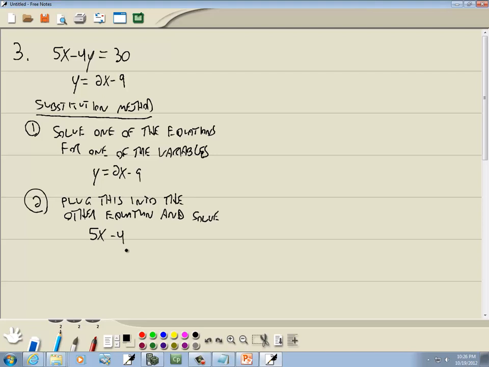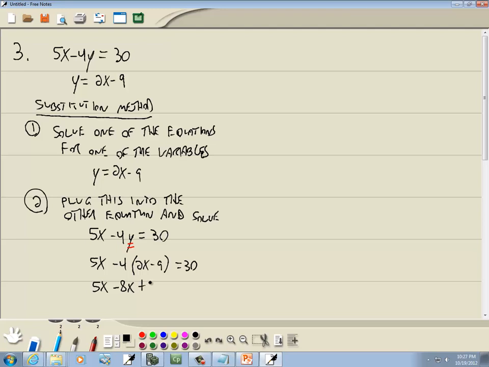Well, we got 5x minus 4y equals 30. And we just said y is equal to 2x minus 9. So we're going to replace the y in this equation with 2x minus 9. So we got 5x minus 4 times (2x minus 9) equals 30. Well, negative 4 times 2x gives us negative 8x.